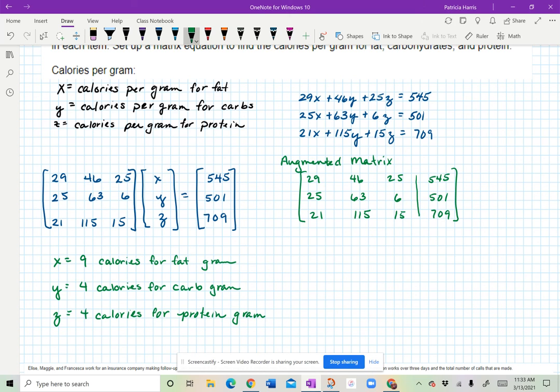So for each gram of protein you eat, you're getting 4 calories. For each gram of carb that you eat, you get 4 calories according to this. And for each gram of fat that you eat, you get 9 calories. Okay? And that's how you would solve it using Desmos.